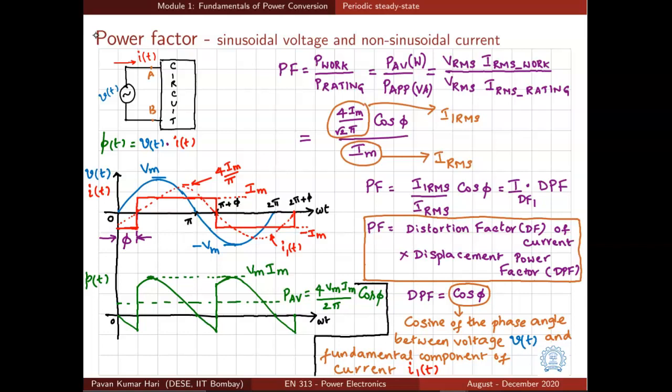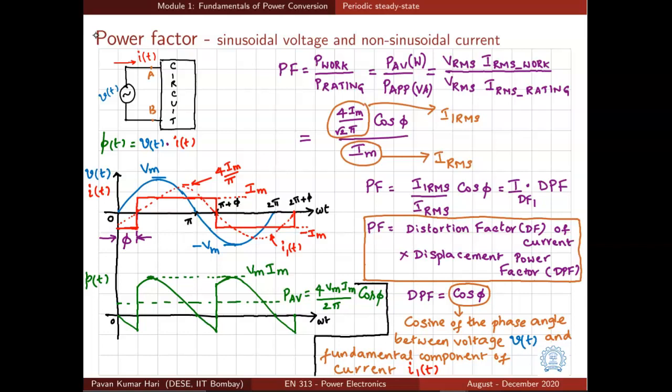So with that definition, the power factor becomes the product of IDF1 multiplied by DPF. What is DPF? DPF is the displacement power factor. So the displacement power factor is cos phi, and what is cos phi? The cosine of the phase angle between voltage V of t and the fundamental component of current I1 of t.